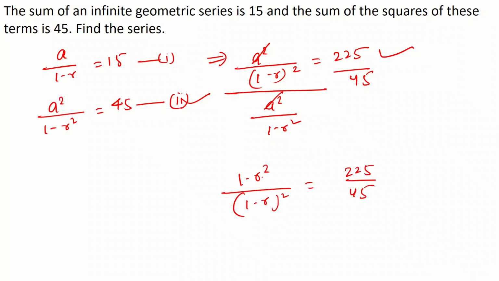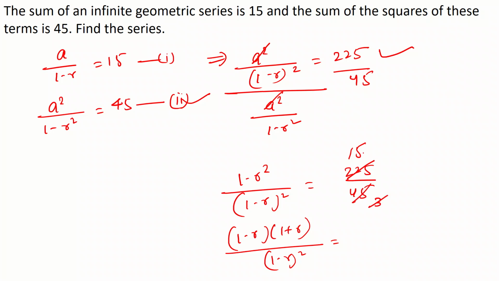Now I can factorize 1 minus r square as 1 minus r times 1 plus r, divided by 1 minus r the whole square, is equal to, and this can be cancelled out with 15: 15 3s are 45, then 3 5s are 15. So I get 5 over here, and 1 minus r and this 1 square will cancel out.